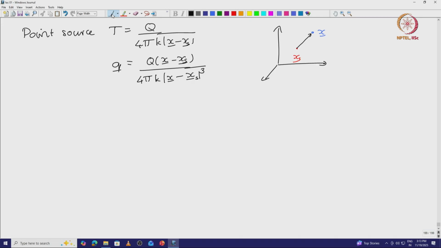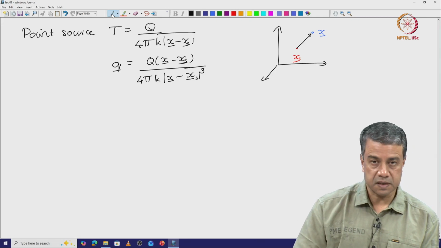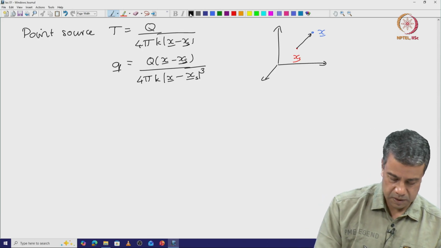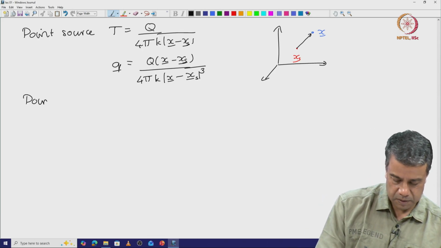So, that is the temperature and the heat flux. We were discussing next a point dipole.